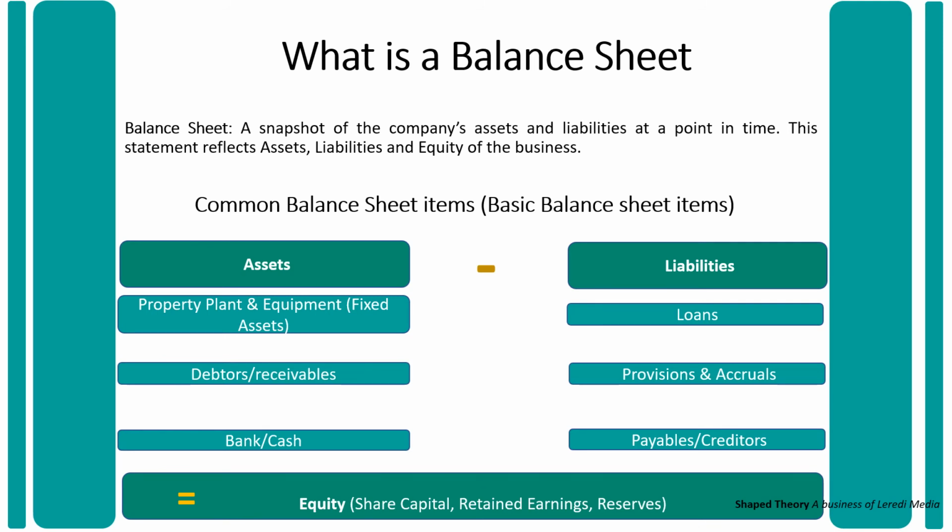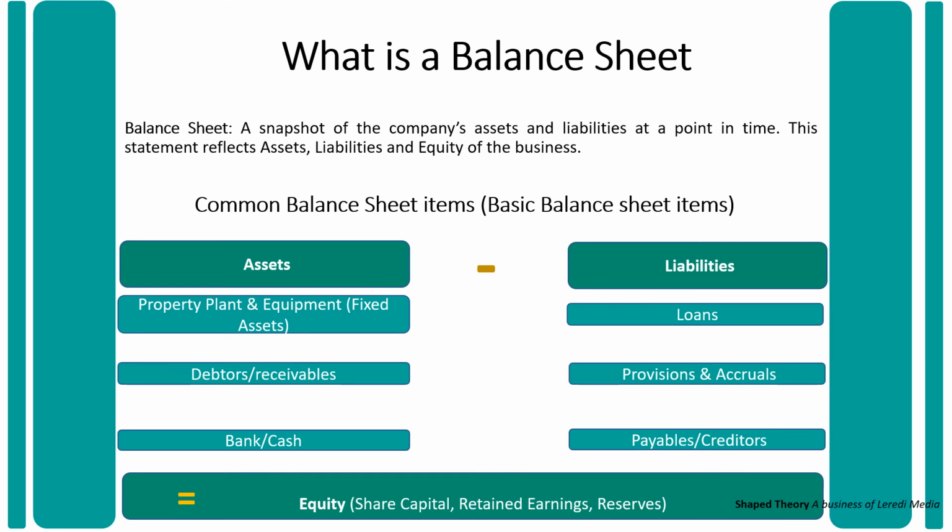This means that if you have prepared your balance sheet, you have to be able to say the total of my assets less the total of my liabilities is equal to the total of my equity. In that regard, your balance sheet has balanced. So we can see that the same principle that we have seen in the previous video about the accounting equation is reflected here in this balance sheet.